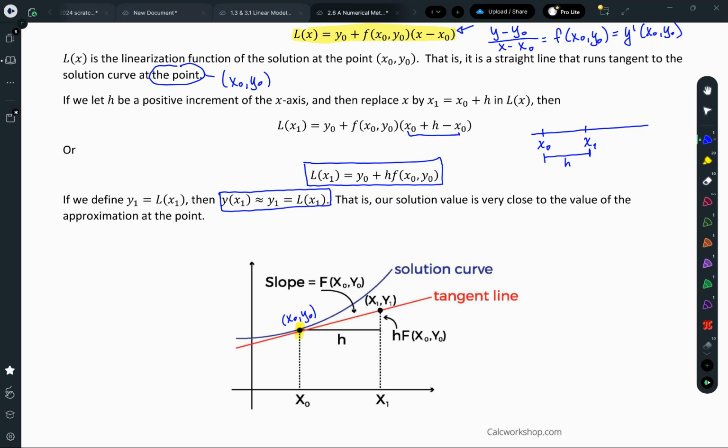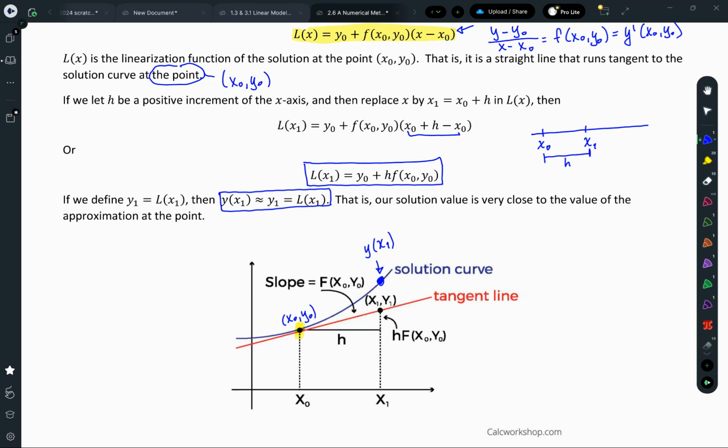And we don't actually know the solution curve, but in order to talk about this, we have to look at a pretend solution curve, okay? And now, the idea is if we were to actually plug x1 into our solution curve, it would be way up here. This right here, this is y of x1, okay?